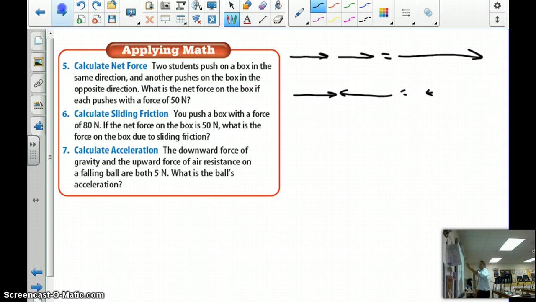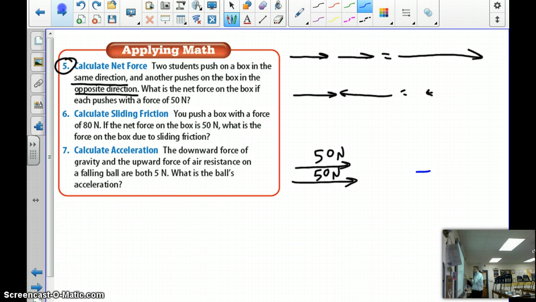So in question 5, it says 2 students push on a box in the same direction and another pushes in the opposite. What is the net force if each pushes with 50 newtons? So you have 2 students pushing in the same direction, each with 50, and one person returning that force of 50.